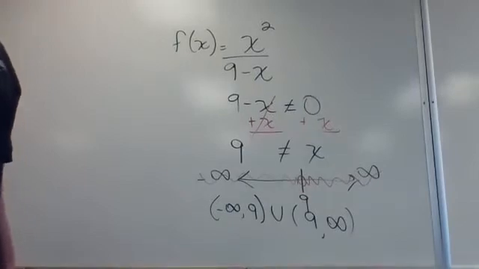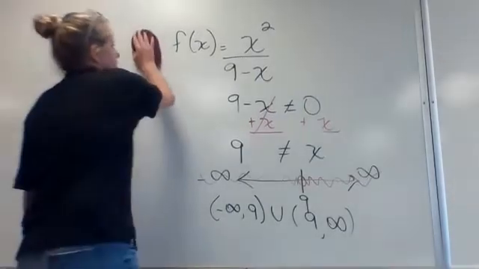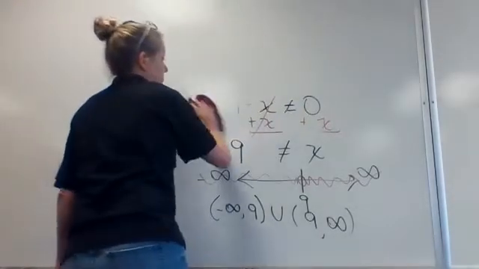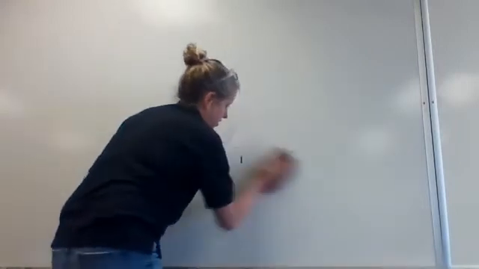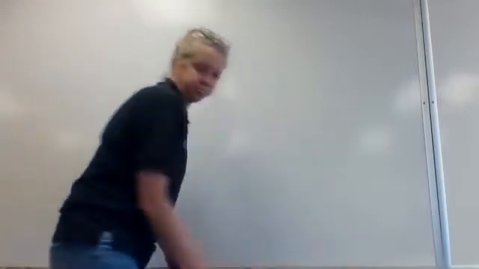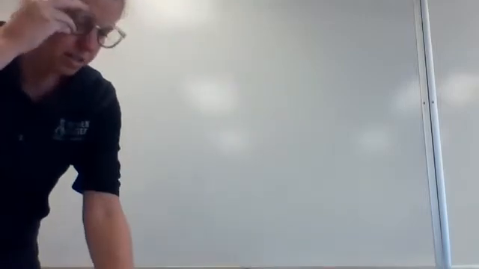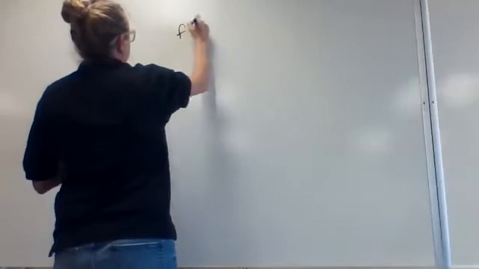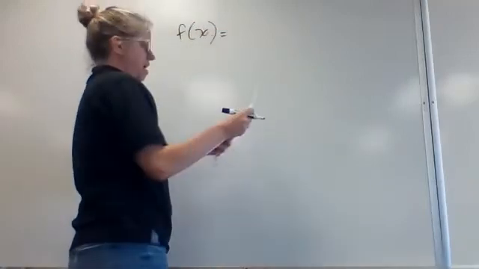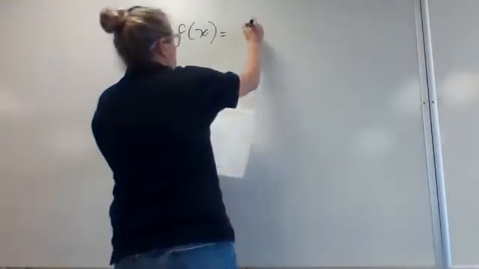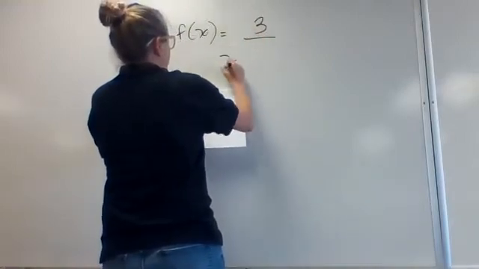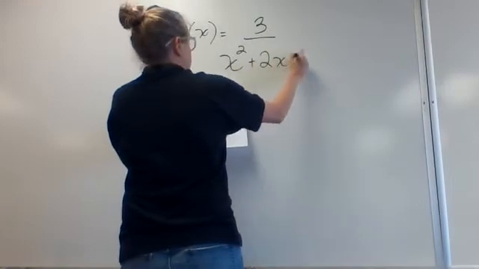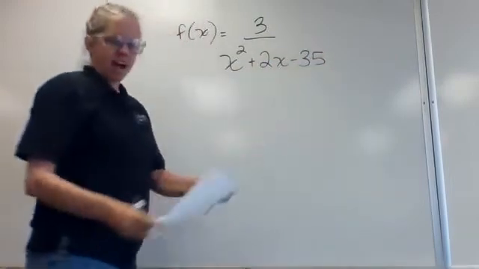All right, number 2, same thing, finding the domain of this rational function. f of x equals 3 over x squared plus 2x minus 35.